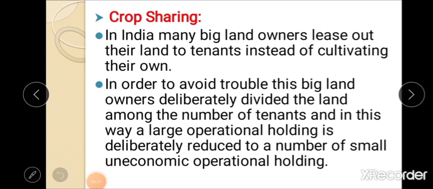Next factor is crop sharing. It is mostly related with big landowners. These big landowners in India lease out their lands to the tenants instead of cultivating it themselves.